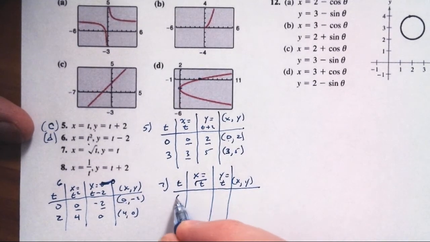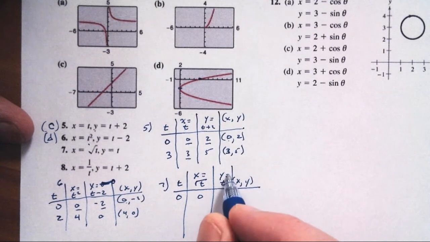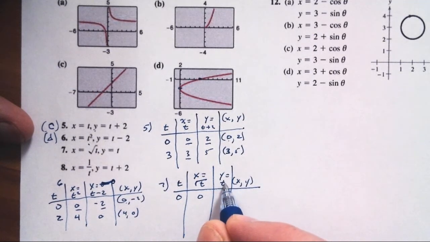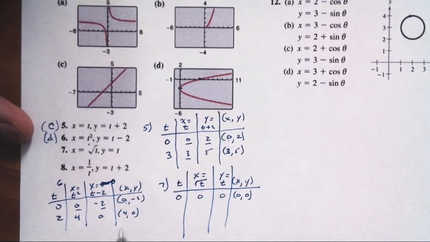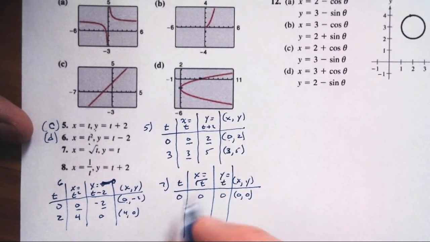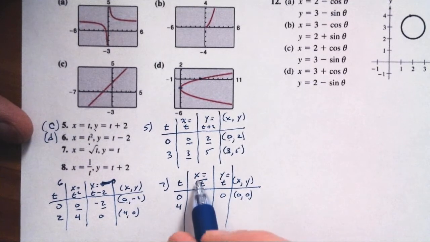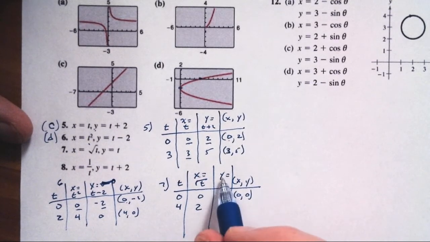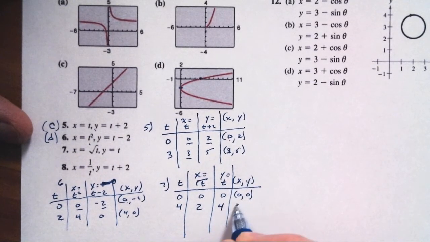So I'm going to choose 0, square root of 0 is 0, y equals t, y equals 0, for an ordered pair of 0, 0. And right now I know it's this, but I'm going to pick another point. I'm going to jump to 4 because 4 is going to be a little bit more convenient than 2 or 3. 1 wouldn't be bad, but I'm going to jump to 4. X is square root of 4, 2, y is 4.